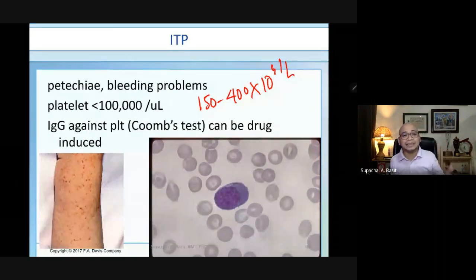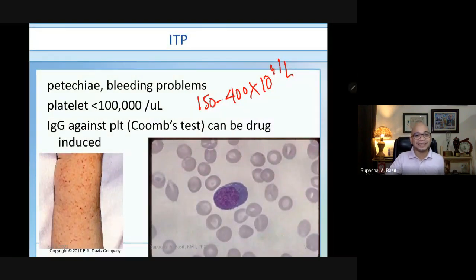So in idiopathic thrombocytopenic purpura, antibodies are produced against platelets, and this can be drug-induced as well. So there you have it, the different kinds of autoimmune diseases. Thank you very much for listening.